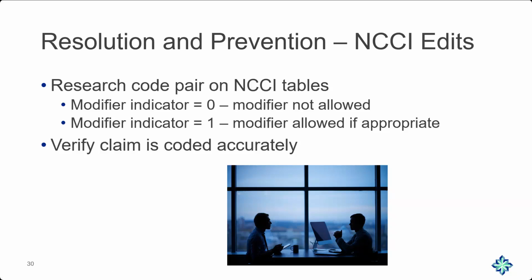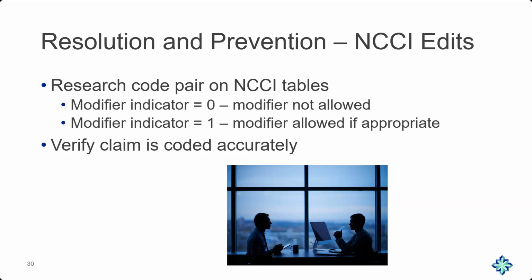If there's a 0 in that column, it means no modifiers associated with NCCI allow you to use this procedure-to-procedure code pair. When no modifiers are allowed, only the code in column 1 will be paid for the same patient on the same date.